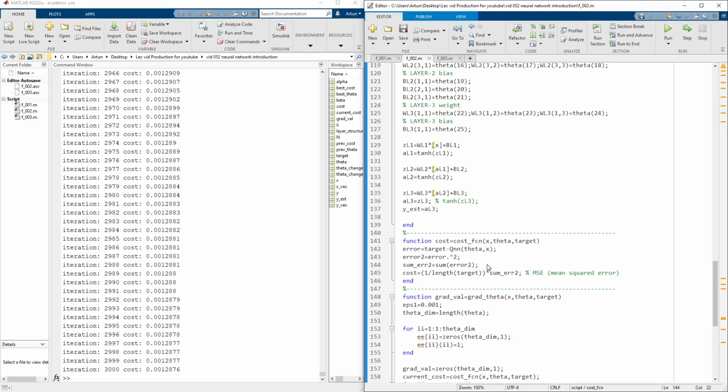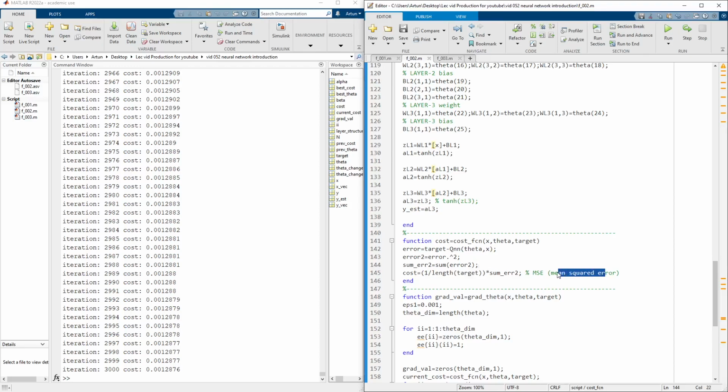Okay, this is how you calculate cost, and by that tweaking algorithm that we talked about, you obtain the gradient value, gradient of theta for that batch of data. Okay, and to take the mean, the average, you can divide it by the number of observations that you have.